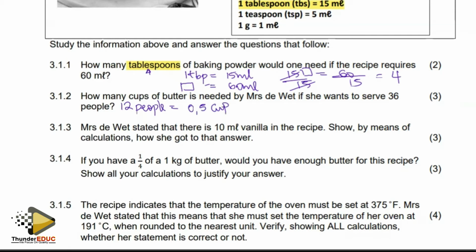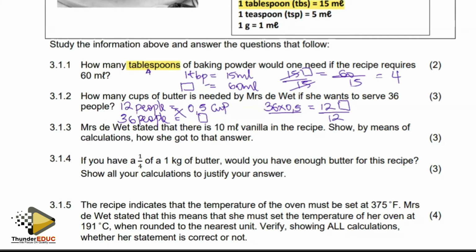What about if you have 36? What will they get? So we cross multiply. 36 times a half equals 12 times the box. So I need the box to be on the side.